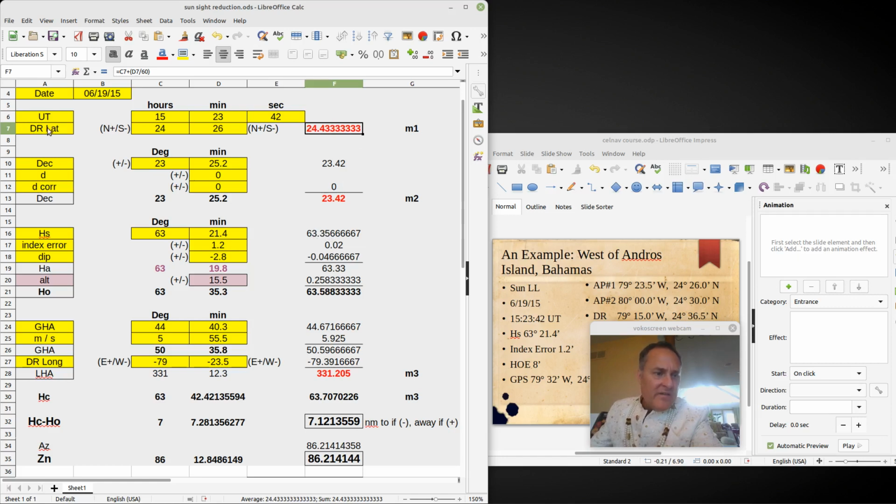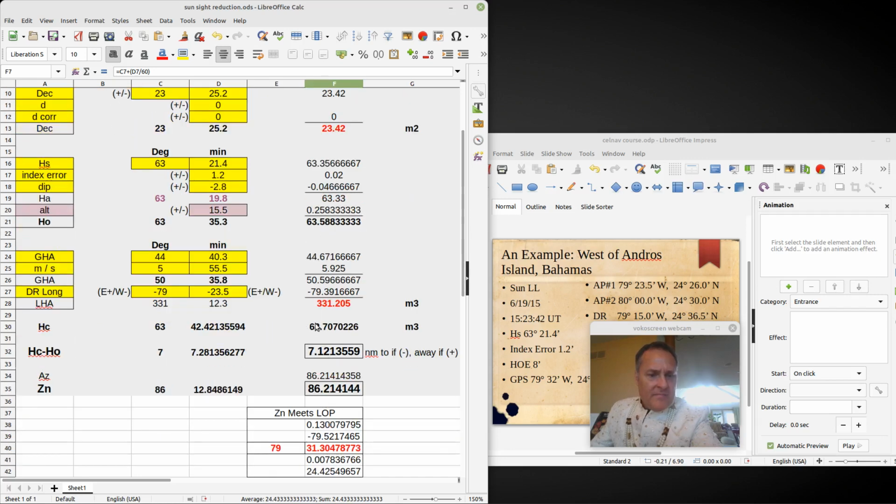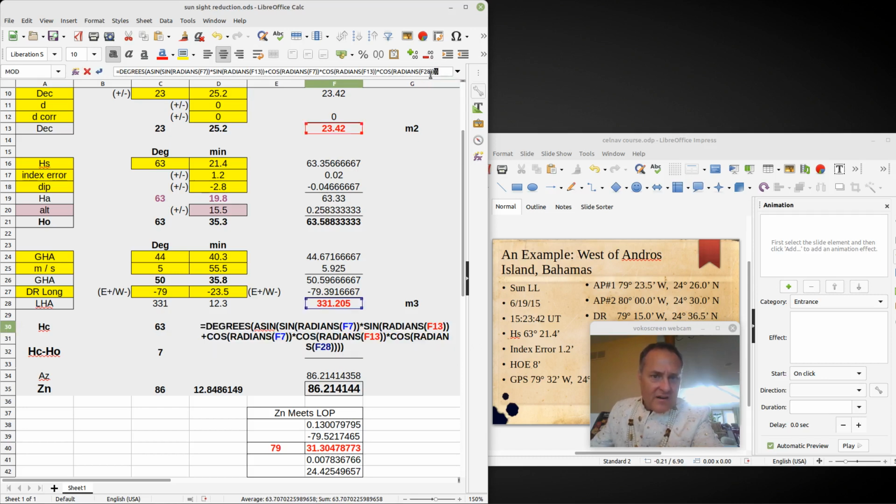So here we've got the latitude, the declination, we've got HO, we've got local hour angle, we've got HC. Now, we find HC using the cosine formula. And if you're curious, there it is shown here. That's what's hiding in there. It's a formula.